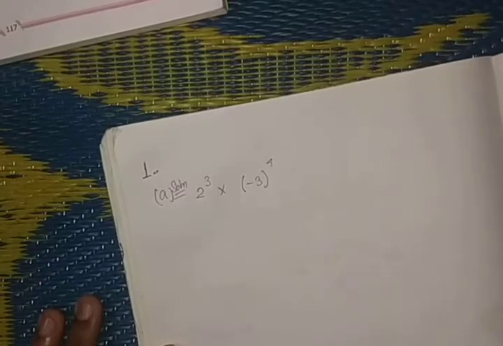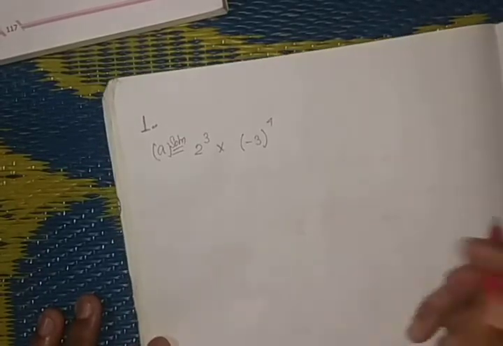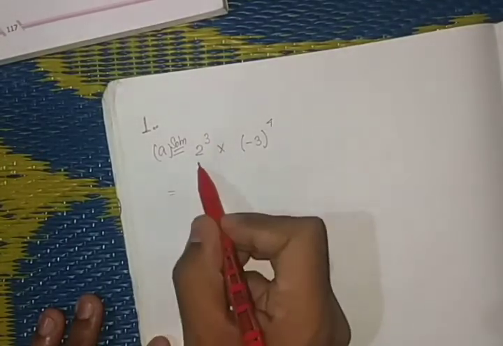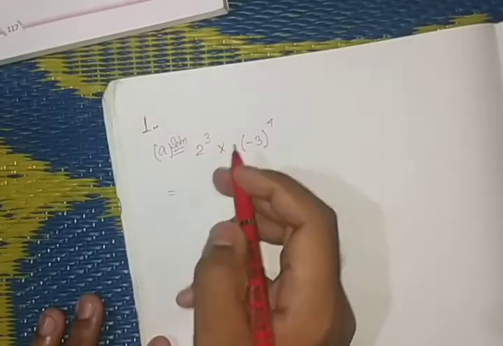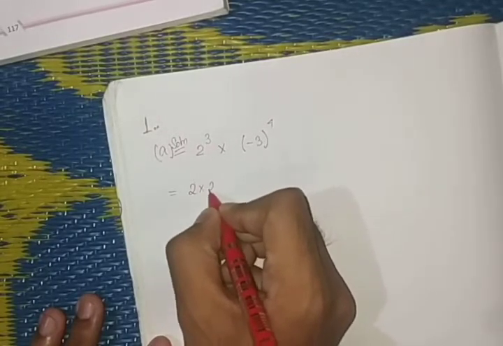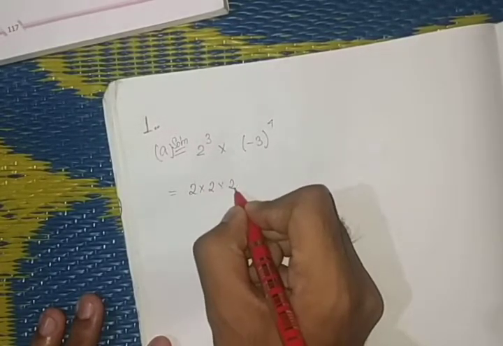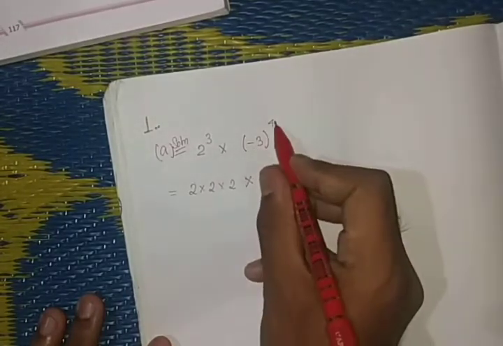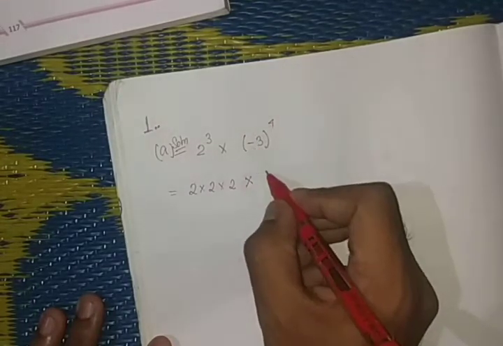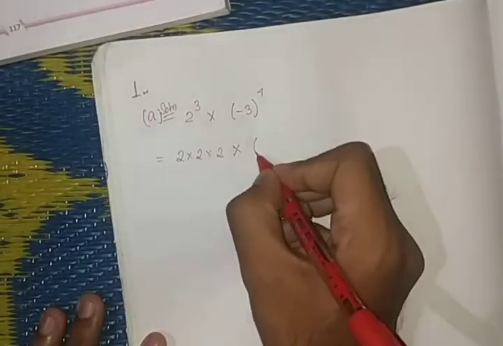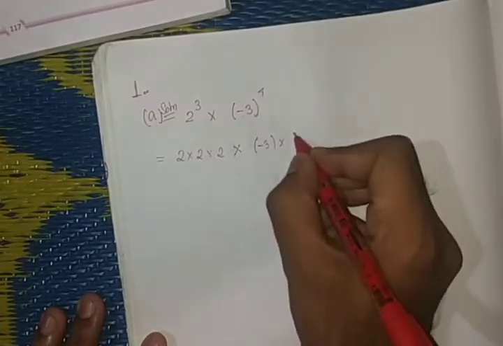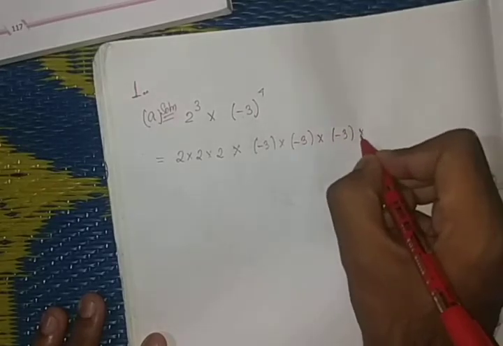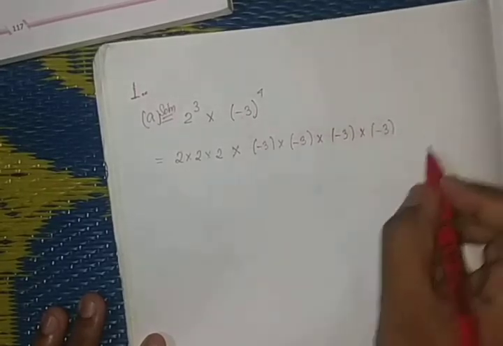We need to break this 2 cube. 2 cube means 2 multiplied by 2 multiplied by 2. Then there is a multiply sign. Then minus 3 to the power 4 means this minus 3 we have to multiply 4 times: minus 3 into minus 3 into minus 3 into minus 3.